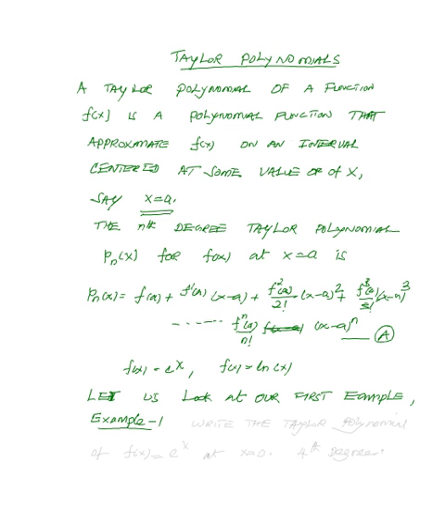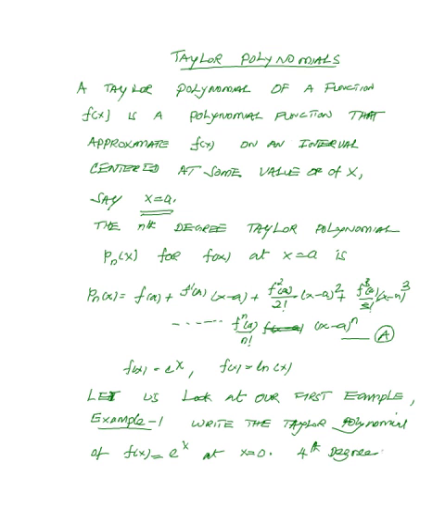Let's say this is the question. Write the Taylor polynomial of f of x equal to e to the x about x equal to 0, and let's say we try to get the 4th degree Taylor polynomial.